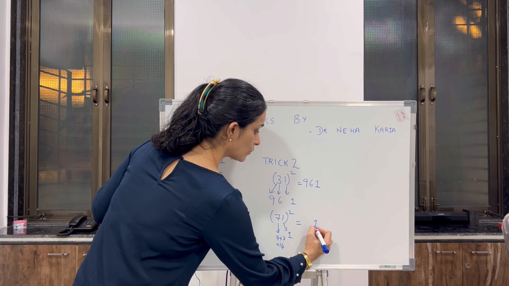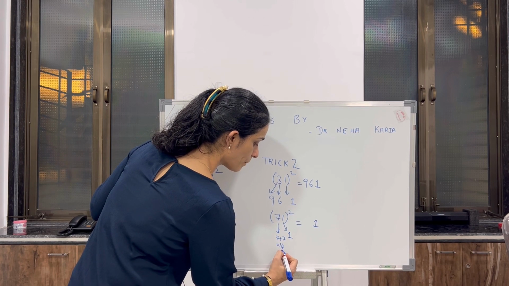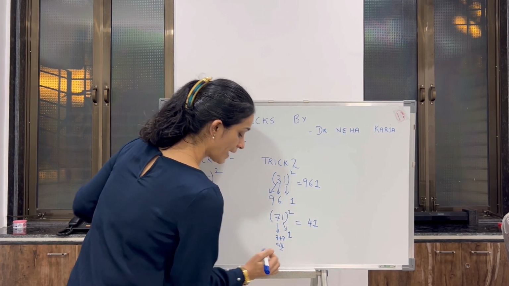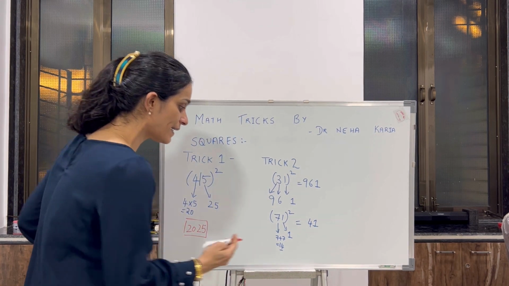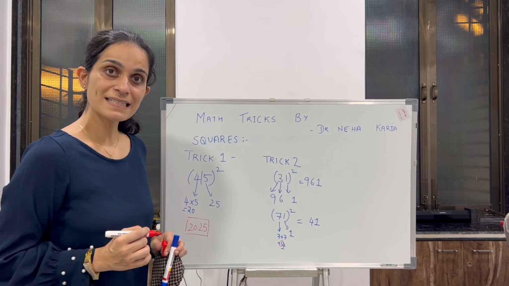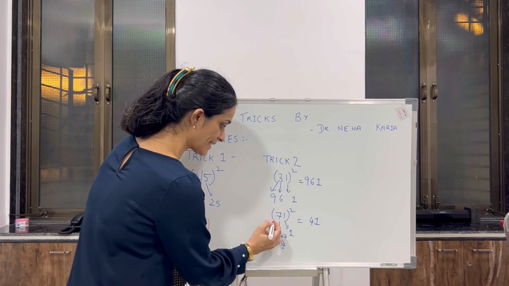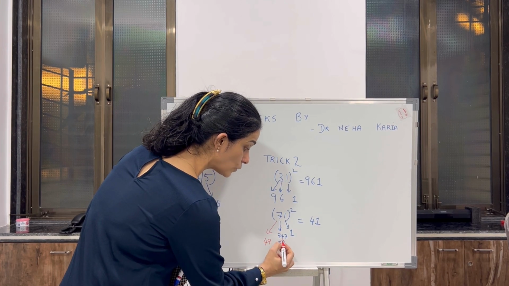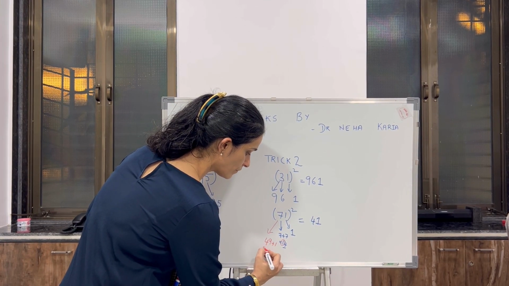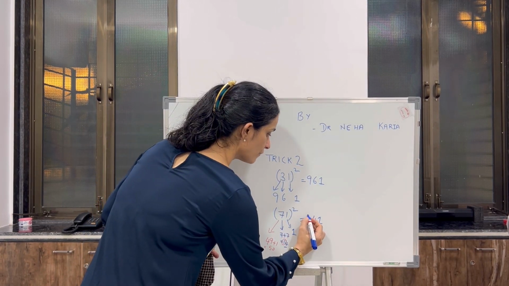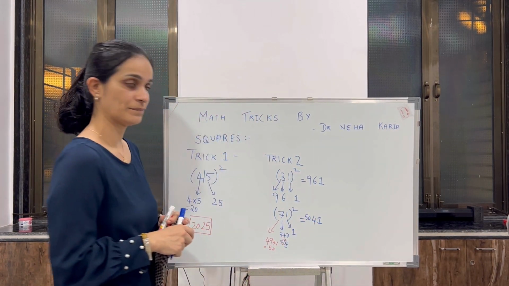So what do I do? I write only the number in the units place of the double answer. I write only 4 and now I carry that 1. The last step, square the number in the tens place. 7 square is 49. Do not forget the carryover, which is 50. And there goes your final answer, 5041.